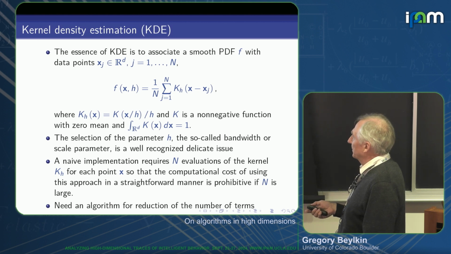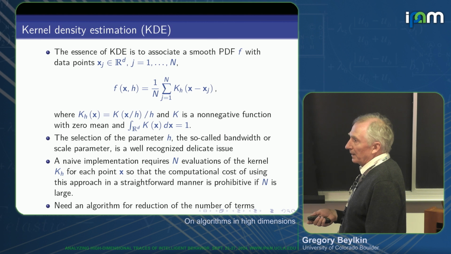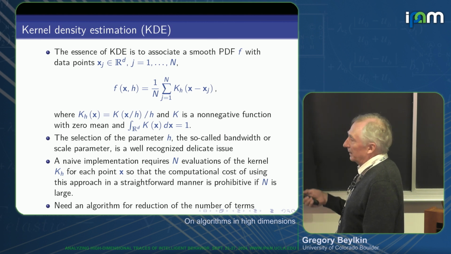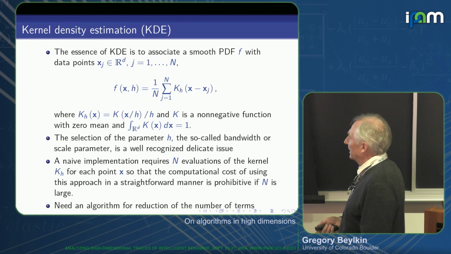You associate with each point a kernel, you write the expression, and the next question is, what do you do with this? If you have a lot of points, indeed you can evaluate this kernel, but it's expensive, the number n is large. You don't want to use this original representation that you constructed. You want to do something with it.